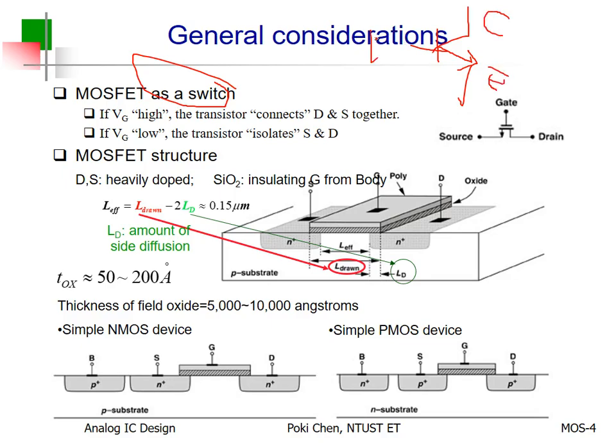And the base is used to control the current flowing through C to E or E to C. It depends on whether you have NPN or PNP. Anyway, for NPN, the current will flow from C to E. But how much? It is tightly controlled by the base. Okay, you can turn it on, you can turn it off, just like a switch.